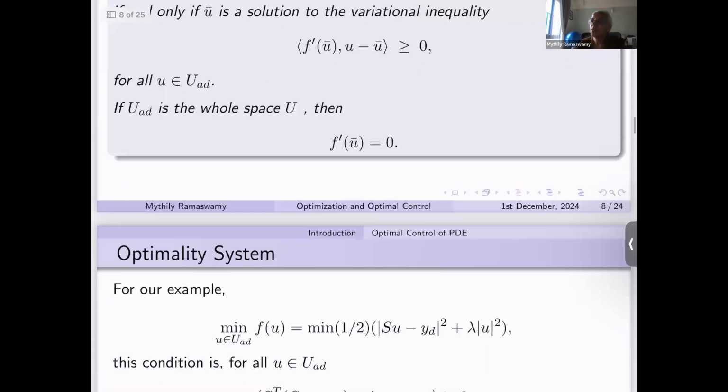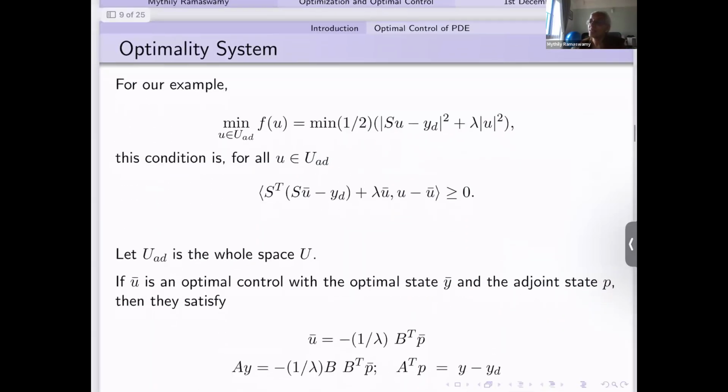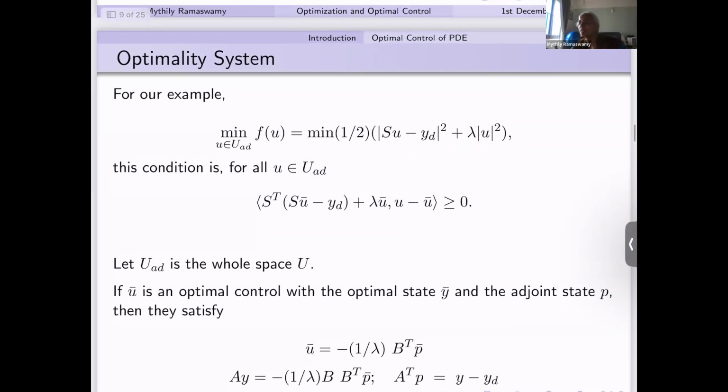Okay. So let me go to the optimality system in our case, which will look very similar in the PDE case also. So in this finite dimensional example, suppose I want to minimize f of u to be half of |Su minus yd| squared plus lambda |u| squared. What is the condition?